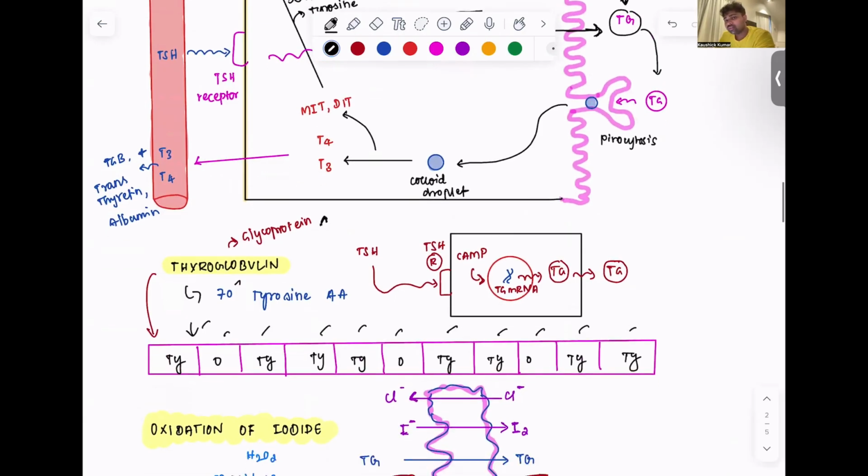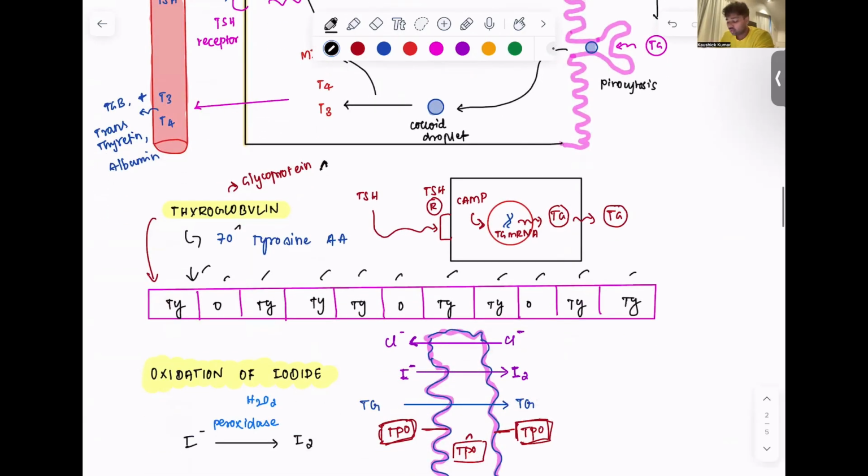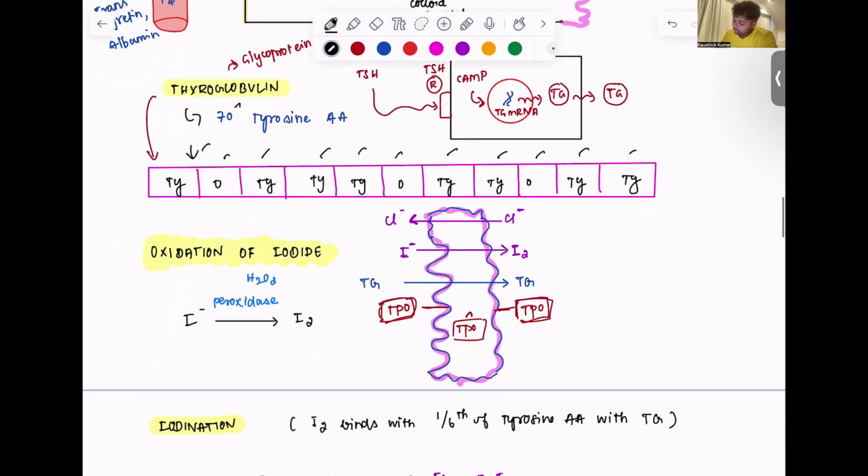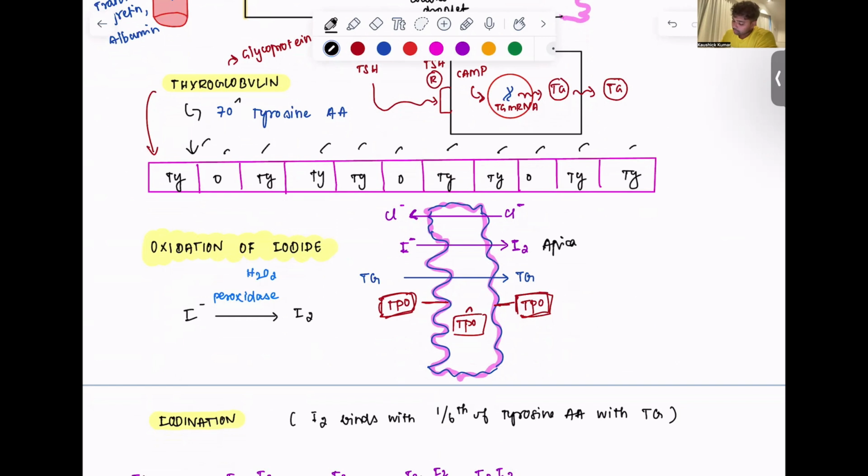The next process is called oxidation of iodide ion. This is the apical membrane, and this is the pendrin. You can see chloride is getting inside, iodide is getting across, and then entering into the luminal cell.